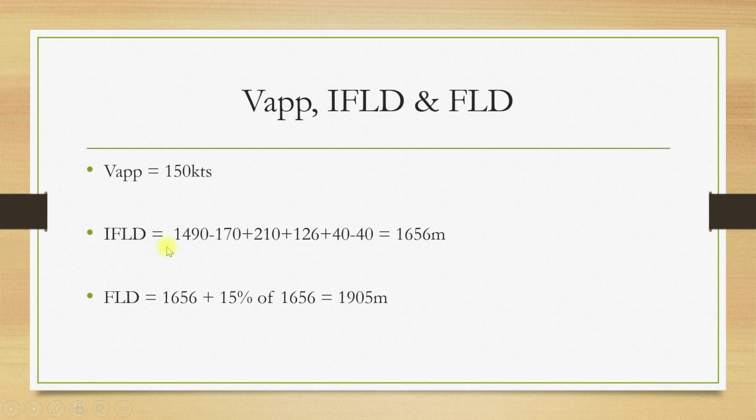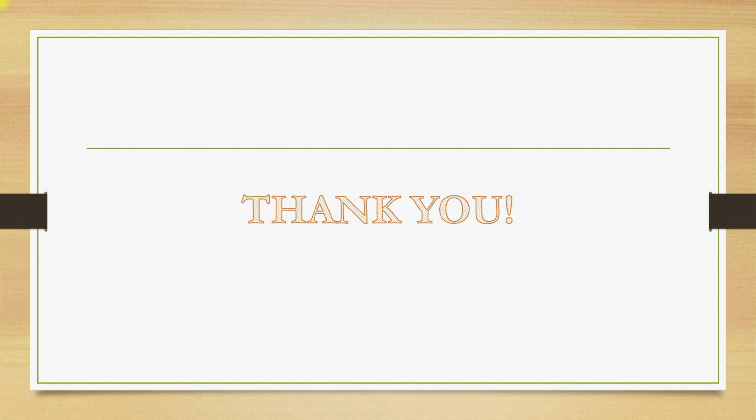And the in-flight landing distance, by adding all the corrections to the reference distance, comes out to be 1656 meters. Then for the factored landing distance, we add 15% of the in-flight landing distance to our in-flight landing distance, which will give us 1905 meters. So this is all in approach speed and landing distance calculation.